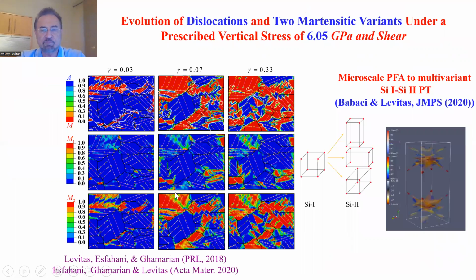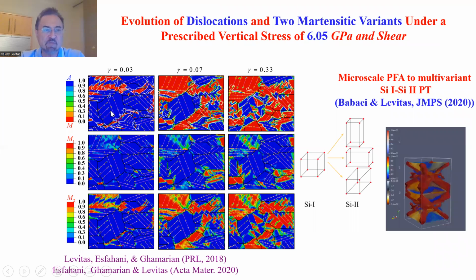The main problem with the nanoscale phase field approach is that it should resolve numerically with finite elements the interface width, which is 1 nanometer. And that means that we cannot treat large samples. That is why we developed a completely different scale-free phase field approach. We also took into account different crystallographically equivalent martensitic variants of the high pressure phases.